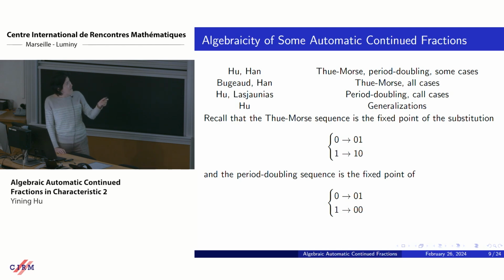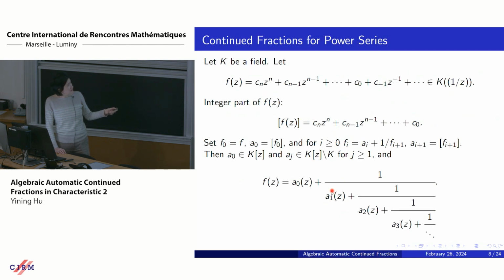Normally in the Thue-Morse sequence, the terms are 0s and 1s, but what we want for the partial quotients should be polynomials. So we need to choose a polynomial for 0 and another polynomial for 1 for this sequence to define a power series.